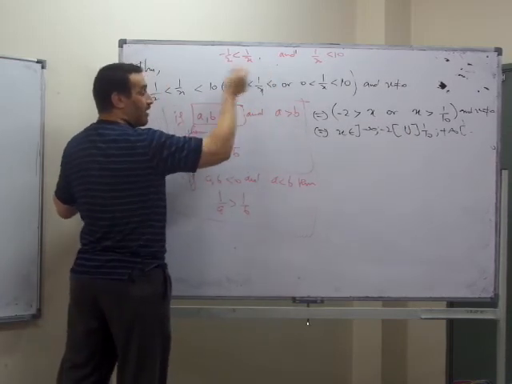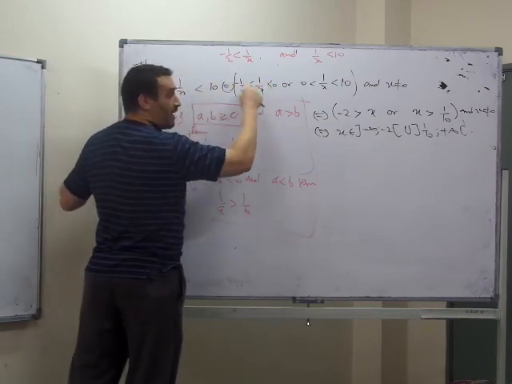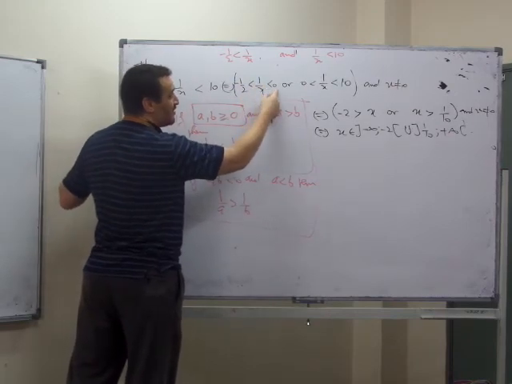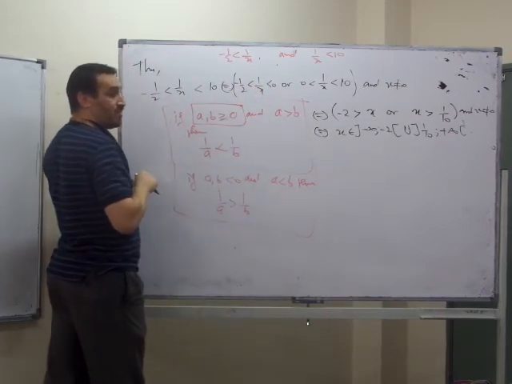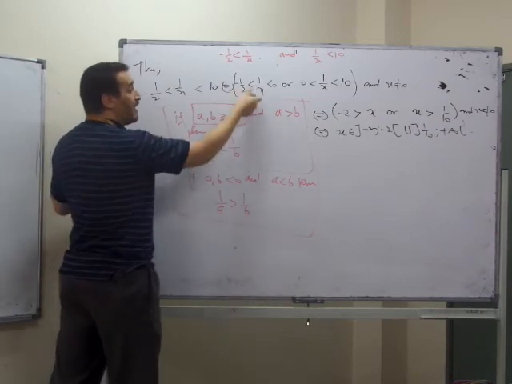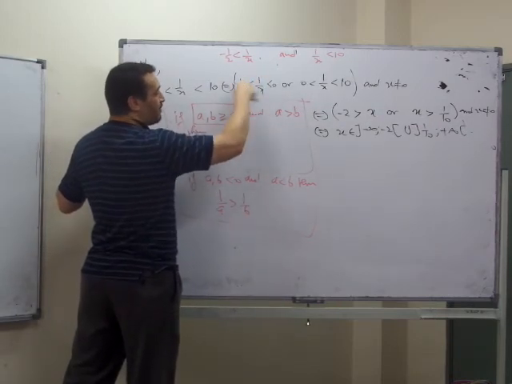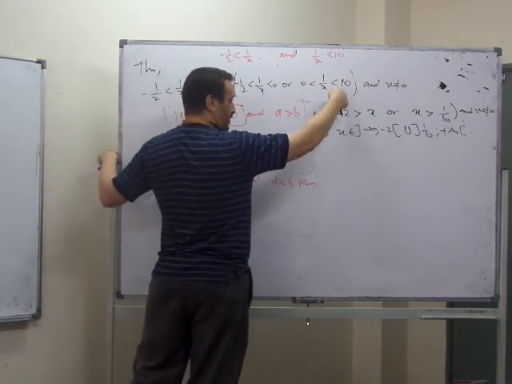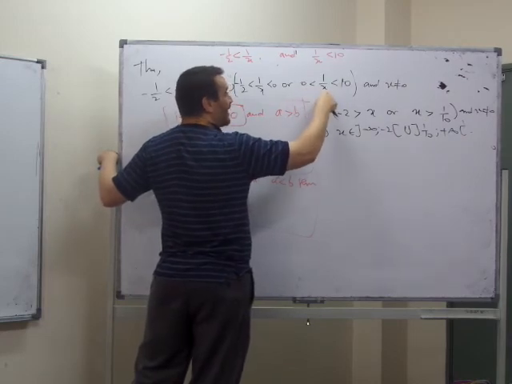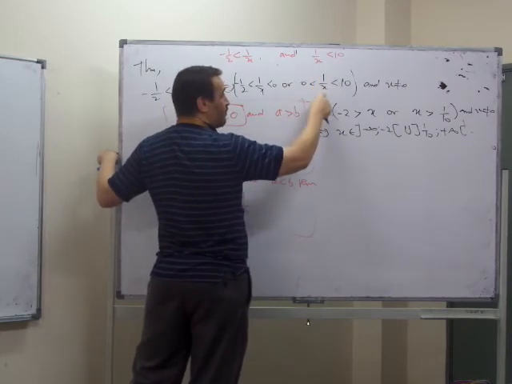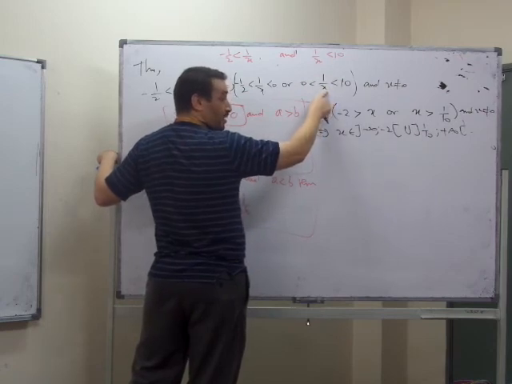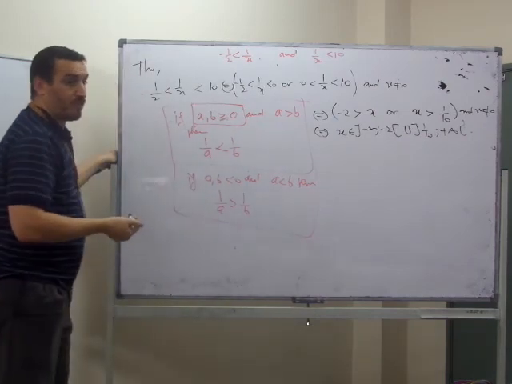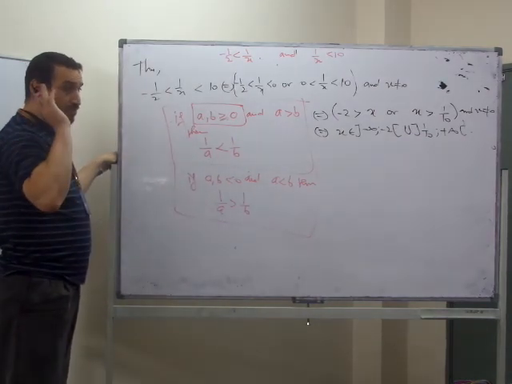Multiply everything by x. Why? Because if 1 over x is less than 0, then x itself is less than 0. It's understood. Then I can multiply by x everywhere and invert the order. If 1 over x is less than 10 and more than 0, then x is more than 0. I can multiply by x and invert the order also. Okay? Like we did with the previous questions.